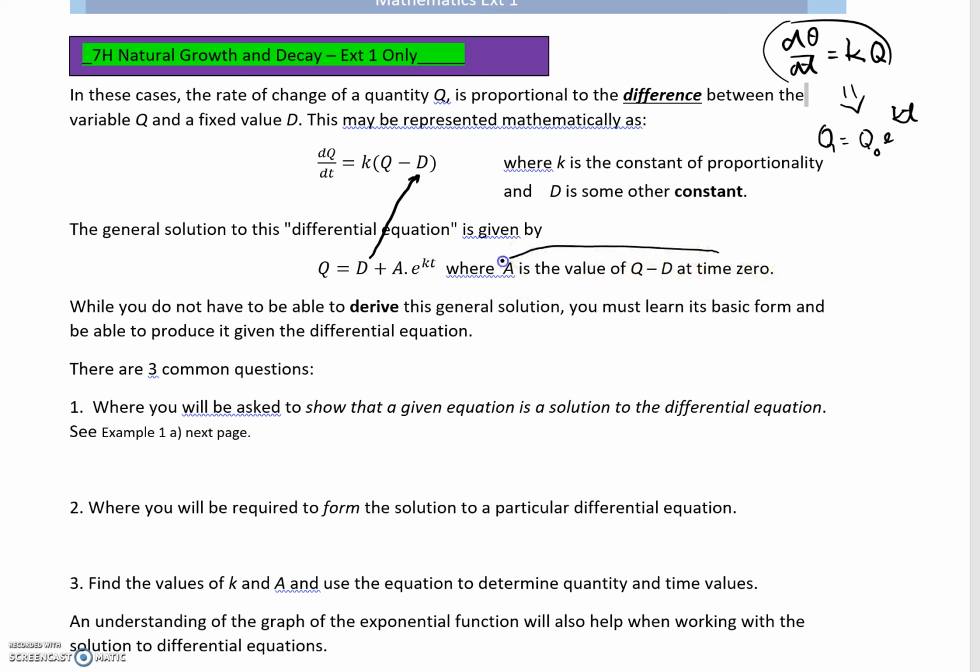This is really important. A is the value of Q minus D. So previously in our solution to our differential equation, we had a Q naught. That slightly changes now. That's being referred to as A, and it's Q minus D.